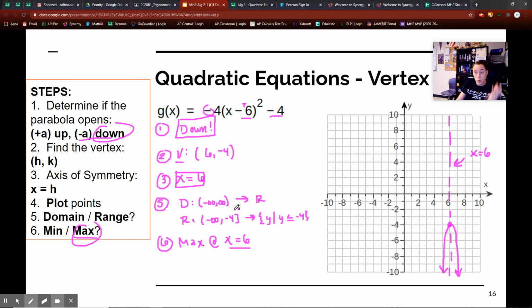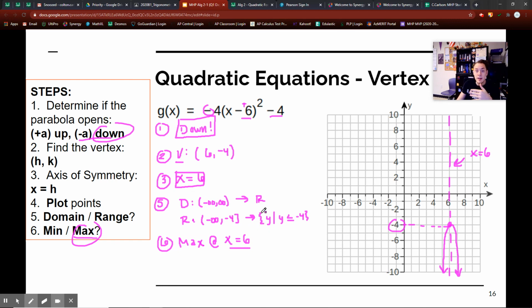My domain is, of course, -infinity to +infinity, or what we call all real numbers. My range now, from bottoms up, starts existing from -infinity, so that's what I'm going to put there, but stops existing at -4. So that's my y value where it stops existing. So I'm going to do -4 bracket.